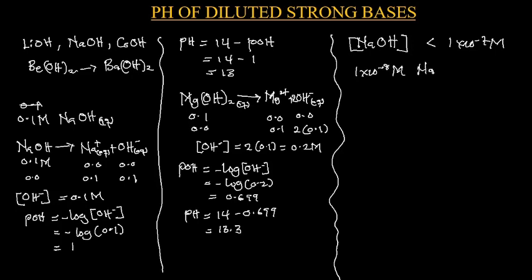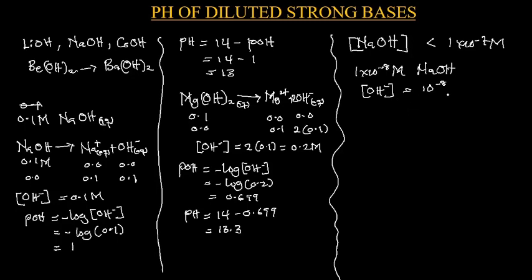What that means is that when we consider, let's say, 1 times 10 exponent minus 8 molar sodium hydroxide, we know that sodium hydroxide will dissociate to give us an OH minus concentration of 10 exponent minus 8. Now, when we find the pH of this, what are we going to find?